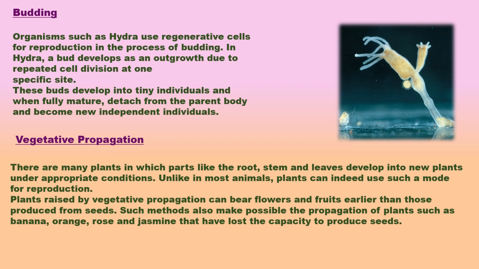Vegetative propagation. Vegetative propagation is an asexual method of reproduction. The reproduction by vegetative propagation occurs only in plants. In vegetative propagation, new plants are obtained from the parts of old plants, like stems, roots and leaves, without the help of any reproductive organs.